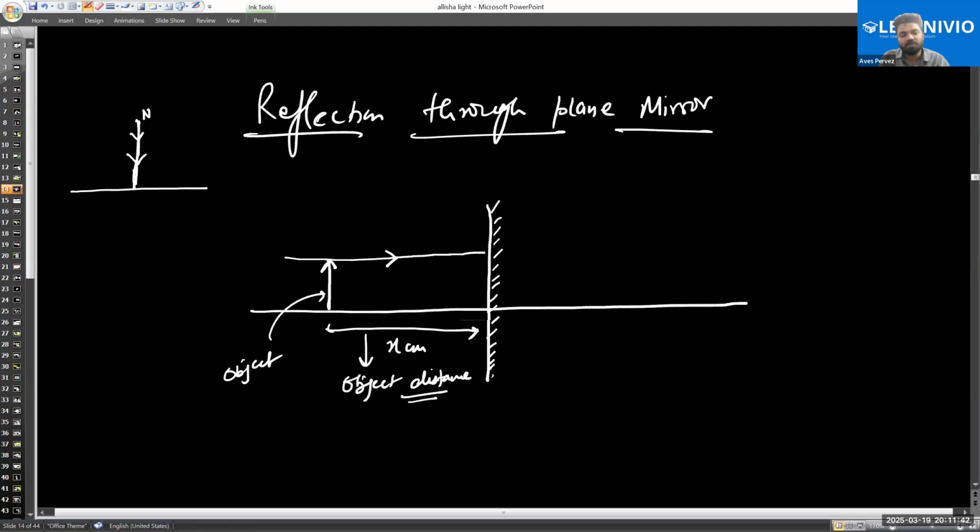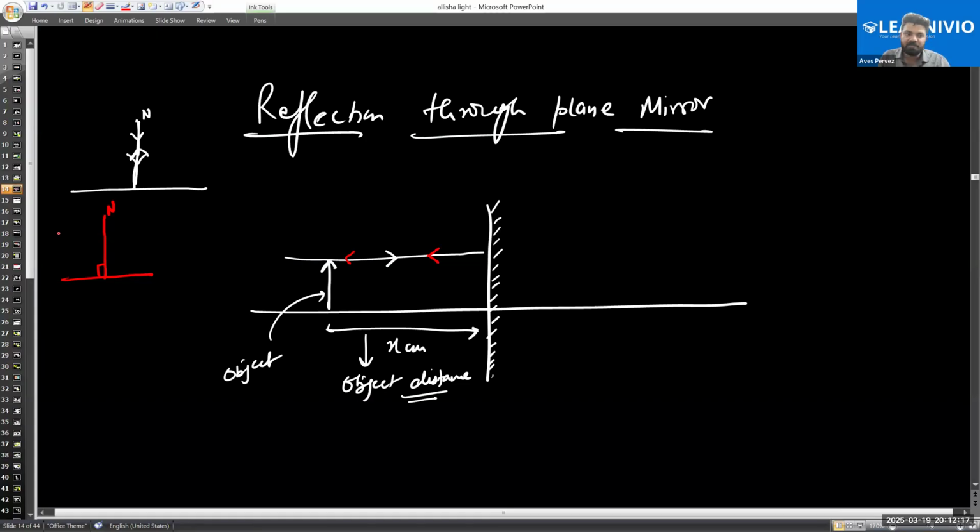So the incident ray will be reflected back on its path. The reflected ray will be along the same path, because it is making an angle of incidence 0. Understood? If the angle with the surface is 90 degree, then it is a normal line. And a ray passing normally, 90 degree with the surface, is making 0 degree angle of incidence.